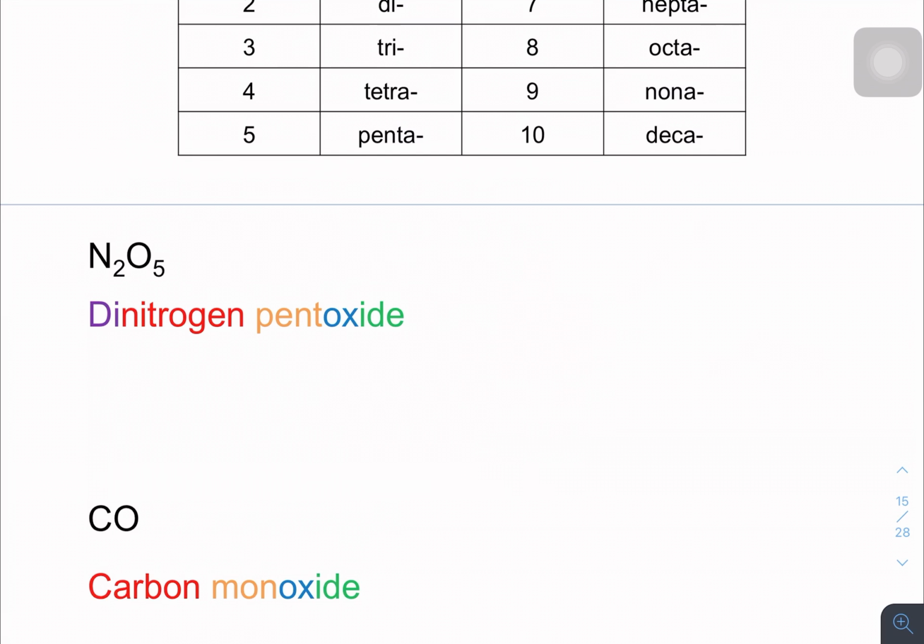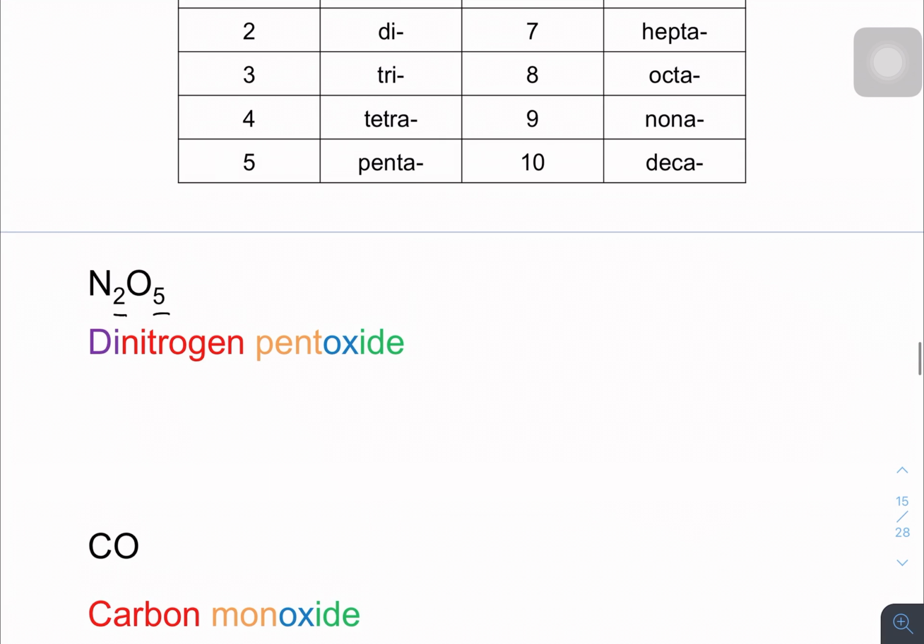The subscript of N for nitrogen is 2, and the subscript of oxygen is 5. So we use the Greek prefix di, which we add before the name of the element: dinitrogen. Then penta, because we have 5 oxygen: pentoxide. That is the root name of the second element followed by the IDE suffix.